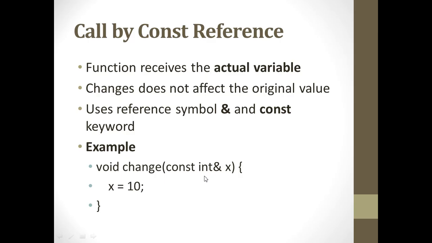So constant reference takes advantage of both call by value and call by reference. It does what the two were supposed to do. The data is protected, memory is not duplicated. So we are going to look at our code to see how this works.